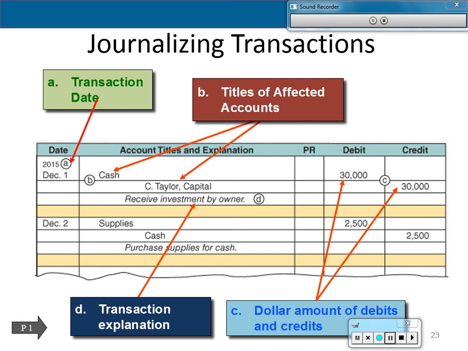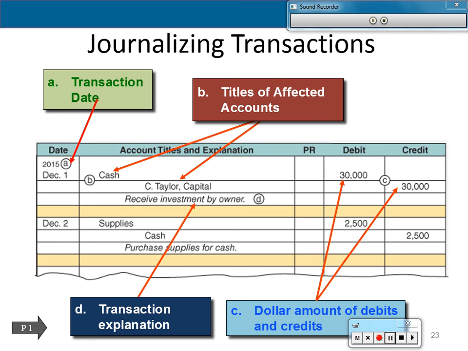Ledger, right? So you remember those account titles? More than likely, the post reference number is going to be whatever ledger number is attached to cash ledger, capital ledger, supplies ledger, etc. Everybody understands, right?